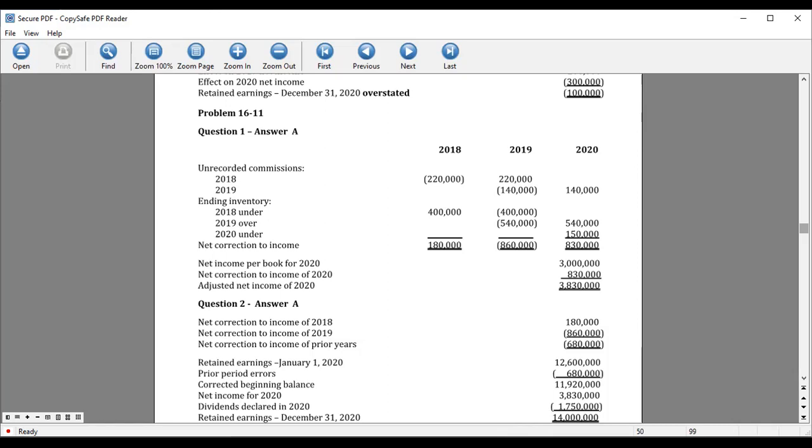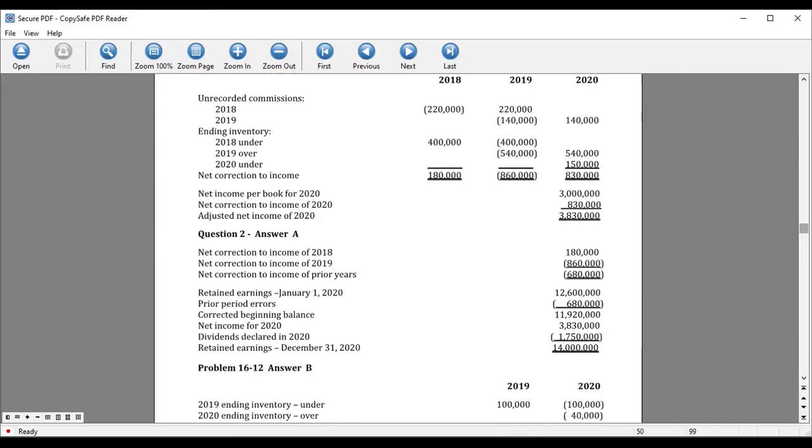The adjusted net income for 2020, so we have now the amount of 3,830,000. That's for 2020. Next question.